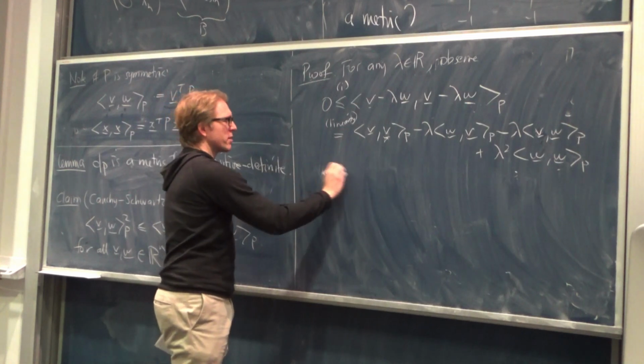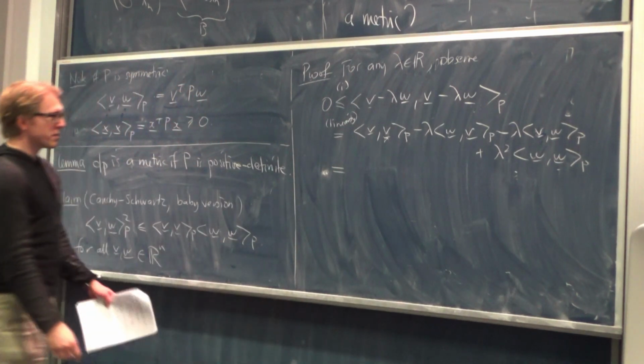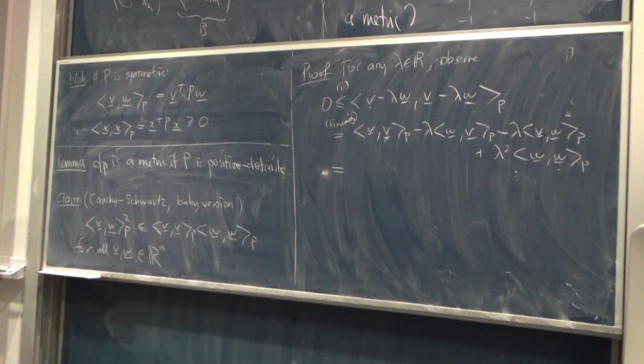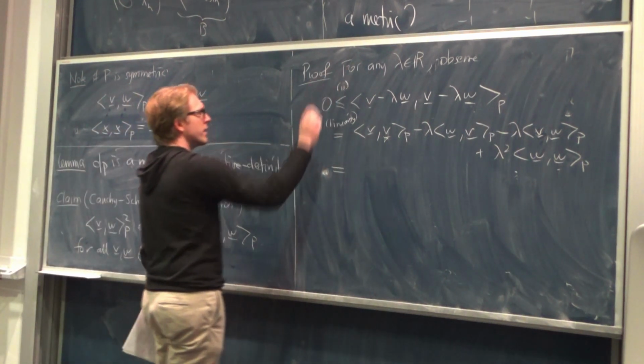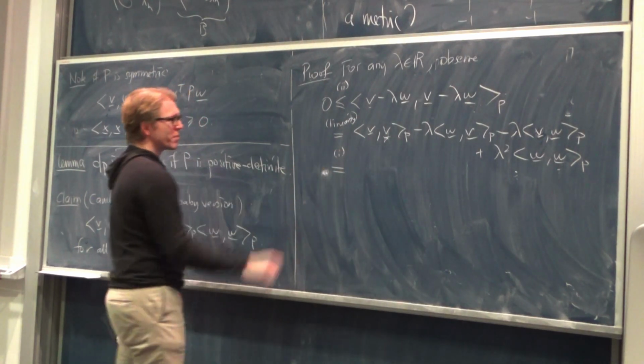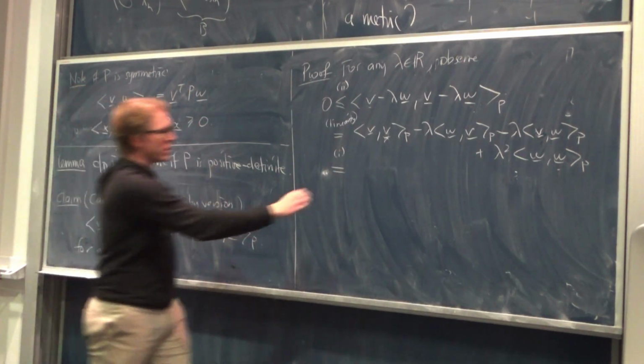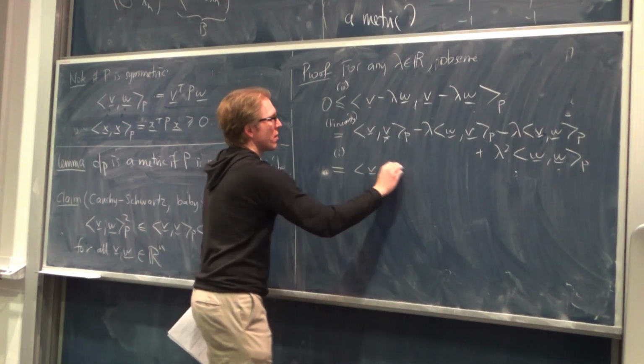Now, I can collect the middle two terms because the pairing is symmetric. The reason for that was because I assumed that P was symmetric. Oh, sorry, I wrote the wrong number, didn't I? That's actually property 2 in our definition. Now I use that P is symmetric. That means the pairing is symmetric. So that's this.